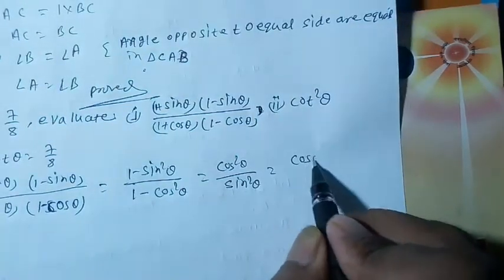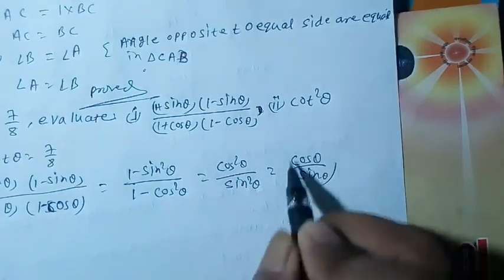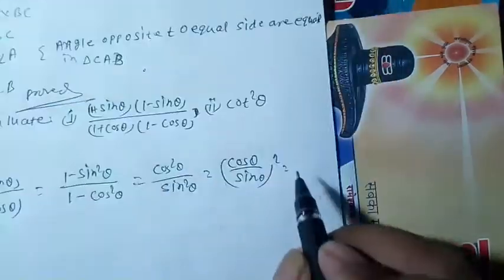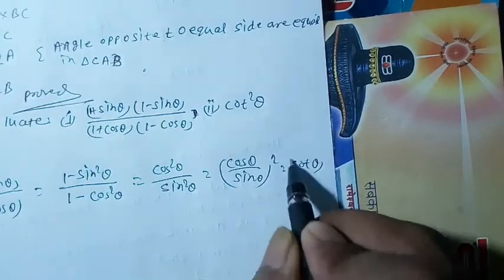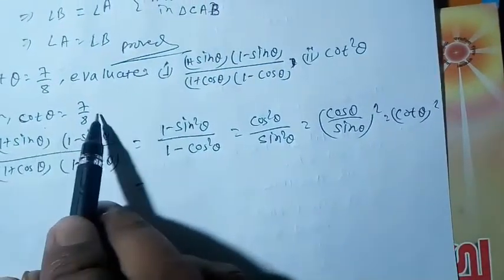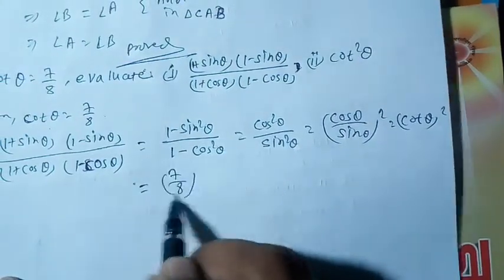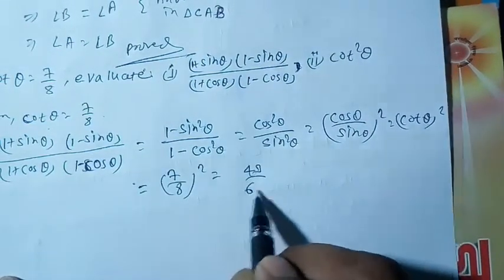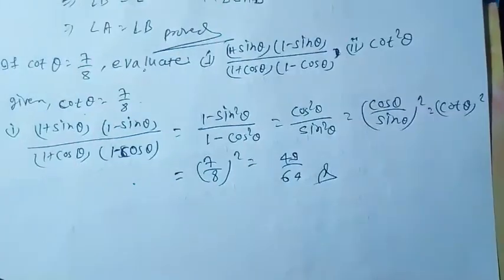So it is cos theta by sin theta whole square, which is cot theta whole square. The value of cot theta is 7 by 8, so 7 by 8 whole square is equal to 49 by 64. Answer.